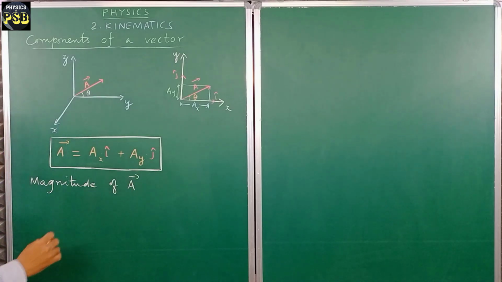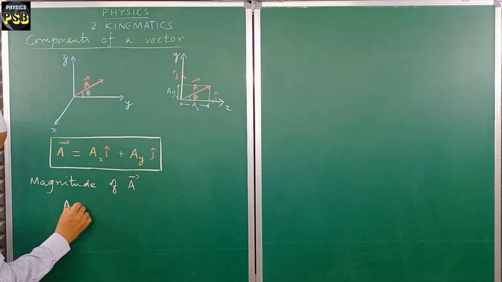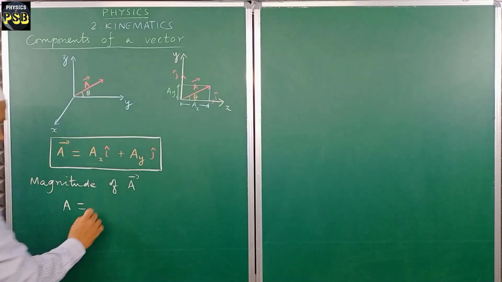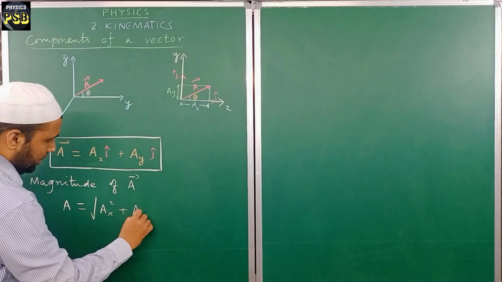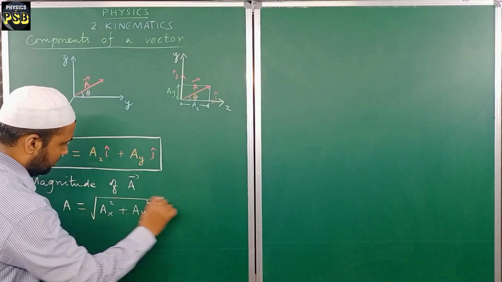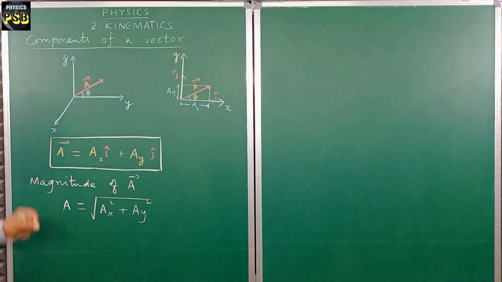The magnitude of A vector is represented as A, and it is nothing but the root of AX square plus AY square. This equation gives us the magnitude of A vector. And what do this AX and AY represent?